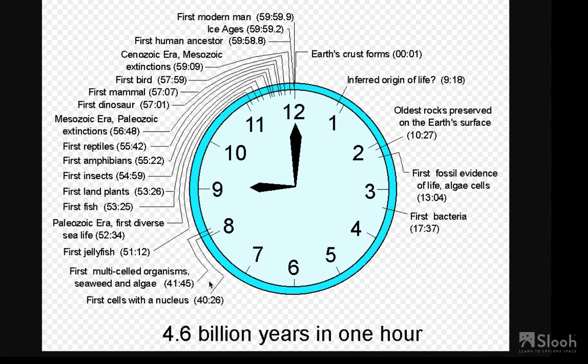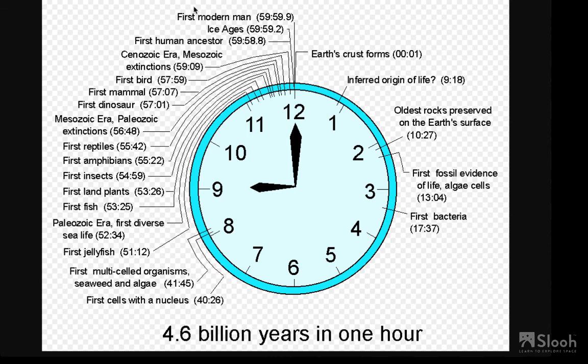And so from there, we're forming cells, we have a jellyfish, we have land plants, insects, amphibians, reptiles, dinosaurs at 57 minutes. So from Earth forming, it took 57 minutes out of the 1 hour, out of the 60 minutes, for the first dinosaur to form.